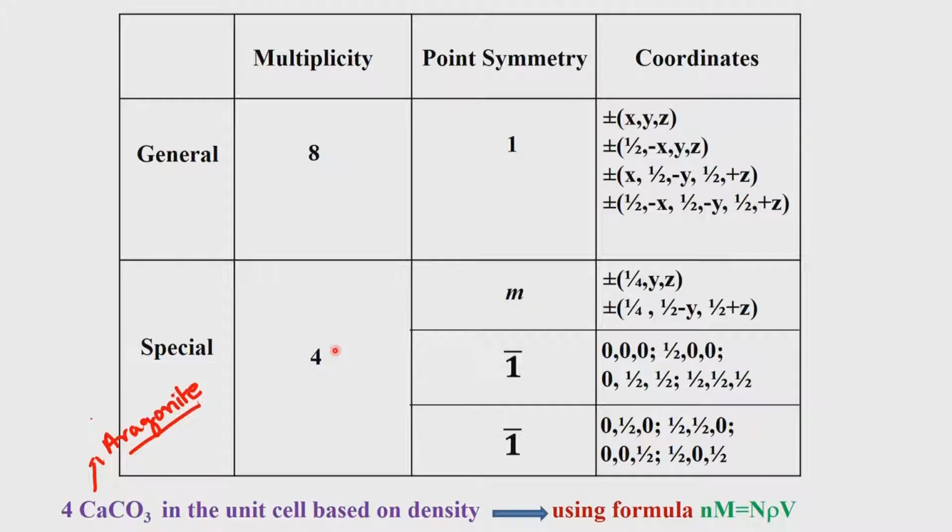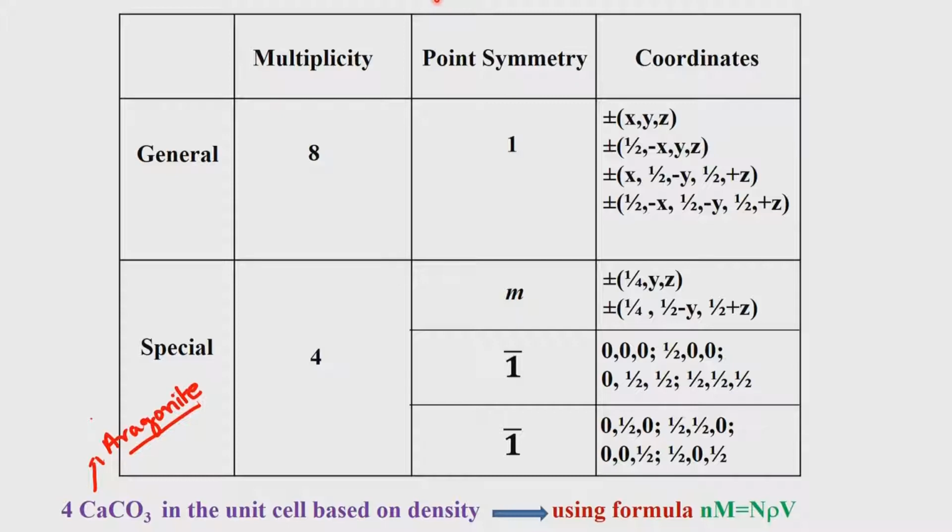So, calcium can have 4, that can be 4 calciums, 4 carbons and 12 oxygens, and as we discussed, the distribution among the various types of symmetry elements in the unit cell is possible. Now, how do we find out how many molecules are there in the unit cell?